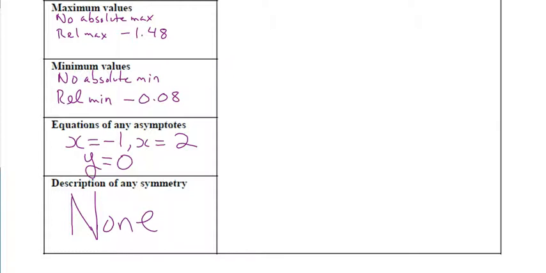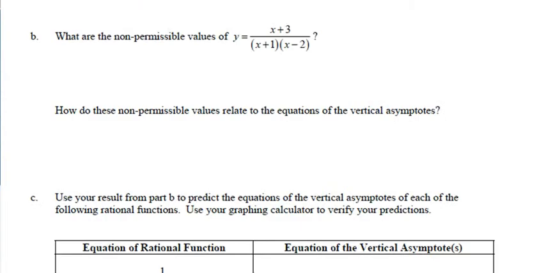Okay, let's keep going. What are the non-permissible values of y equals x plus 3 over (x plus 1)(x minus 2)? How do these non-permissible values relate to the equations of the vertical asymptotes?